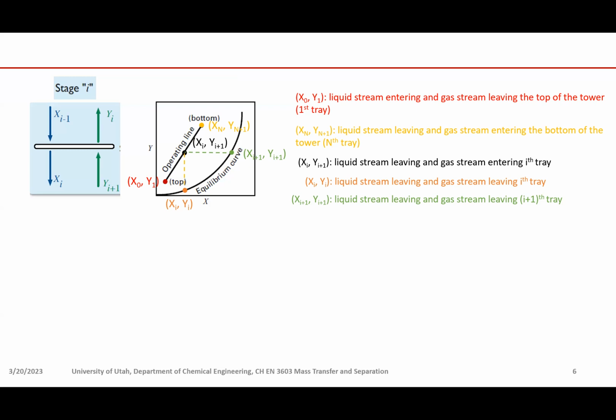And any point on this operating line is basically the composition below or above any stage, right? Based on the mass conservation derivation, the compositions below a stage i or above the stage i are constrained by the linear function we just derived, right? So they should fall on this operating line. Okay.